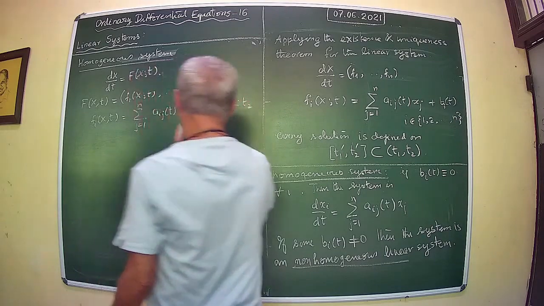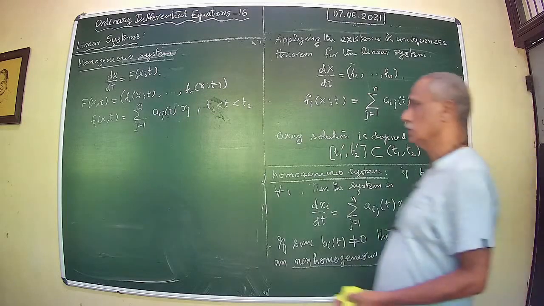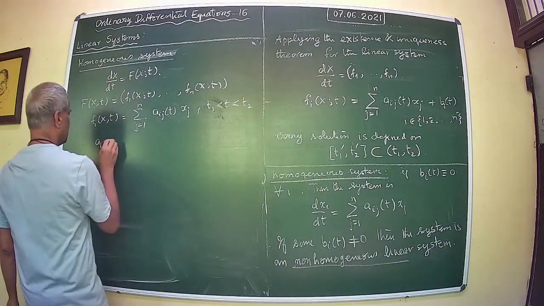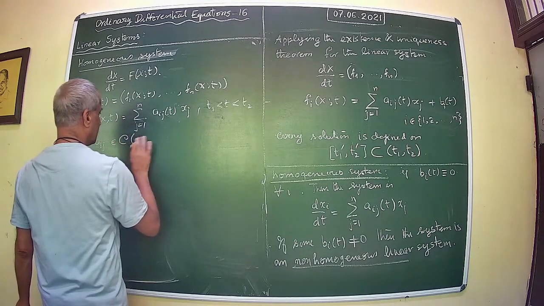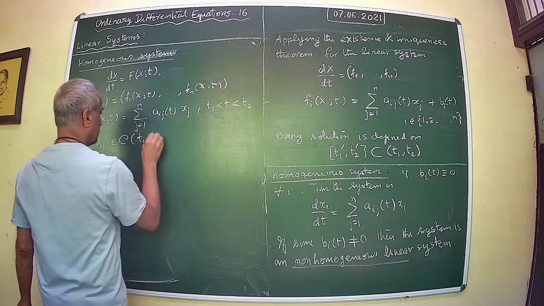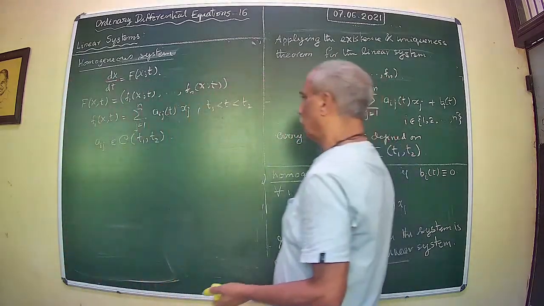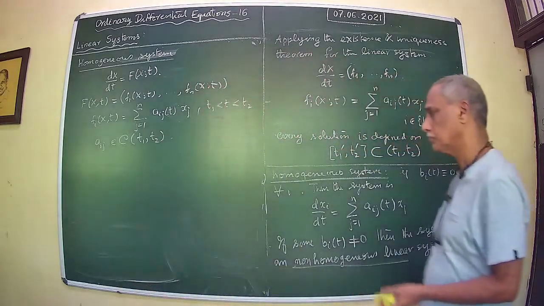Now we assume the a_ij's are continuous functions over the interval t1 to t2.